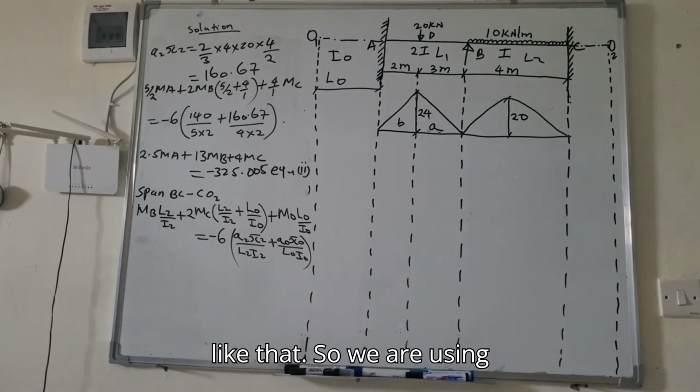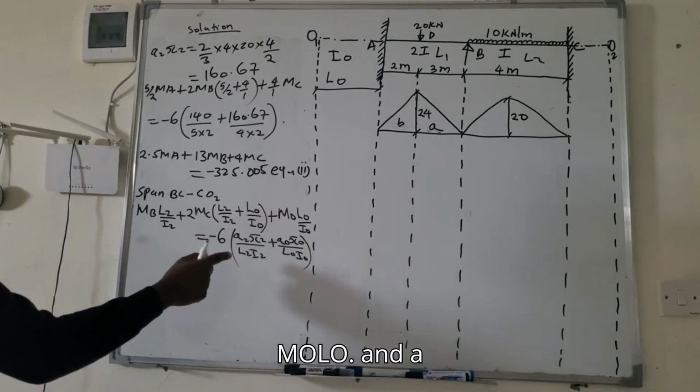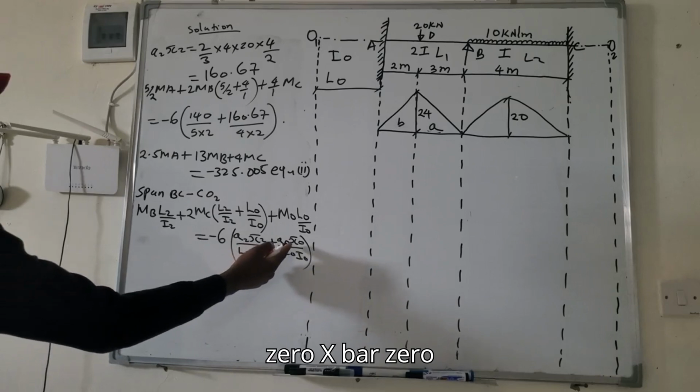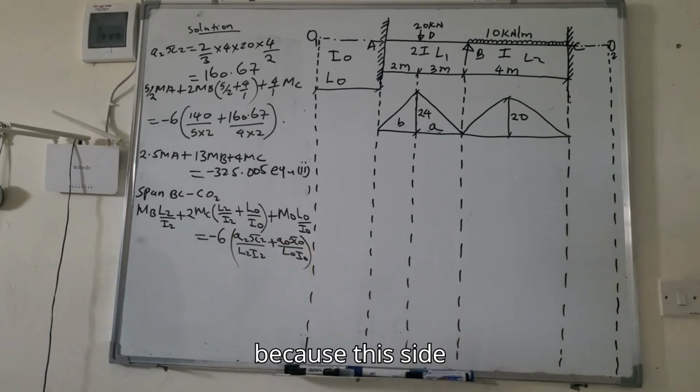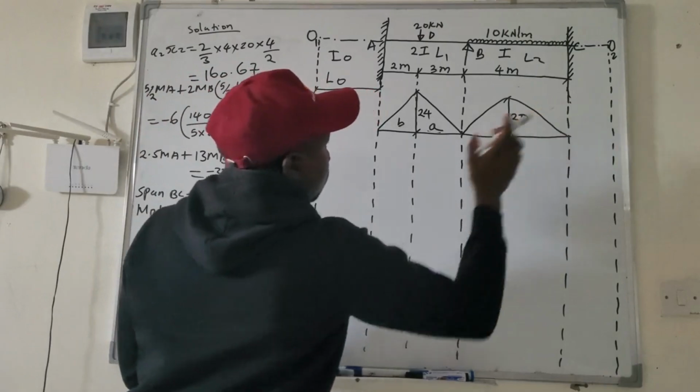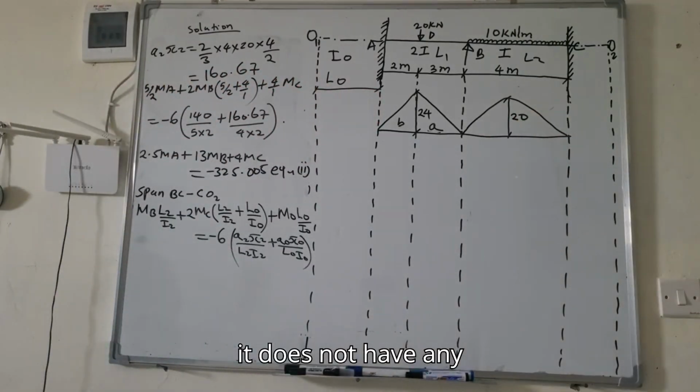So we are using MO LO and A0 x bar 0 because this side does not have any geometric figure as a result of maximum bending moment for free span.